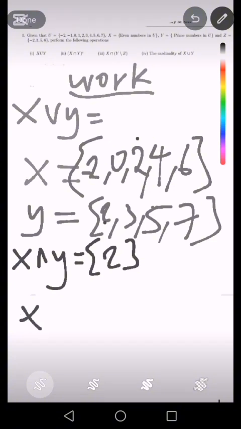Then what is the complement of x intersection y? We list the universal set, comparing with it.